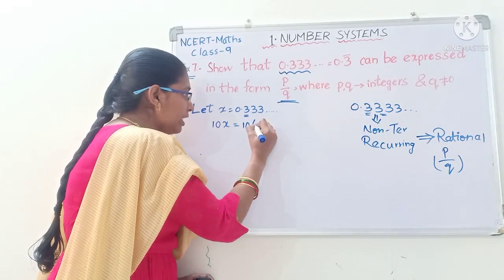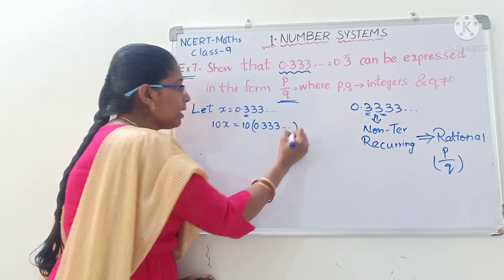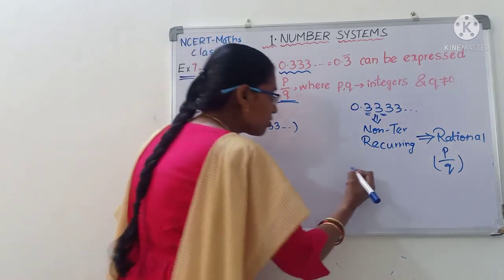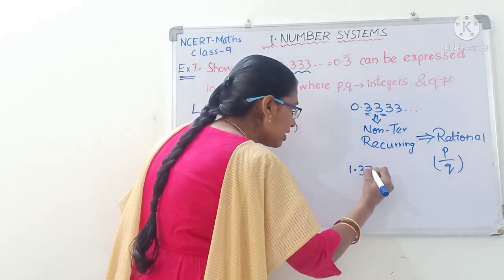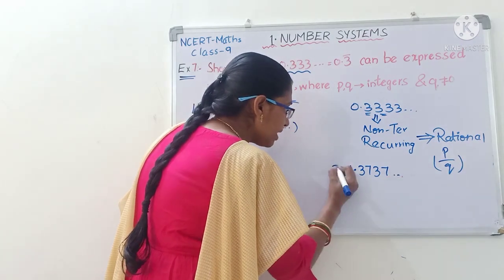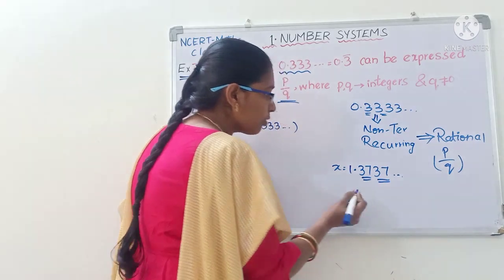If only one digit is repeating after the decimal point, we multiply by 10 on both sides. If two digits are repeating, for example if the question was 1.3737 and so on, we will assume x as 1.37 with the 37 repeating, as two digits are repeating here.